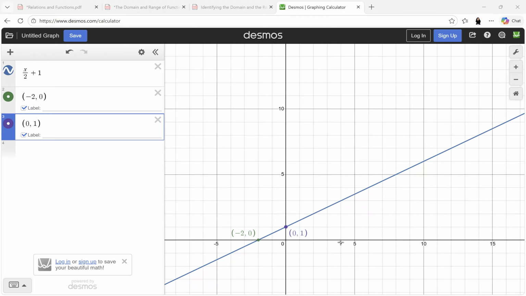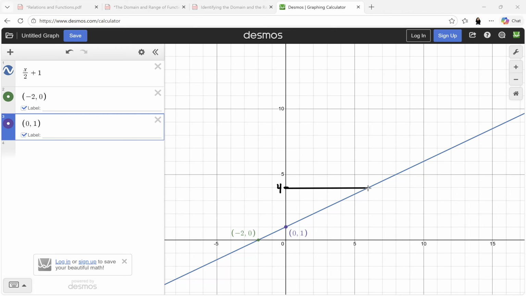Now I'm giving it to you in the opposite. I'm giving you the y value and I want to know what's the x value. So for instance, this is where y is equal to 4, right? So on the graph, f of x is equal to 4 at this point.